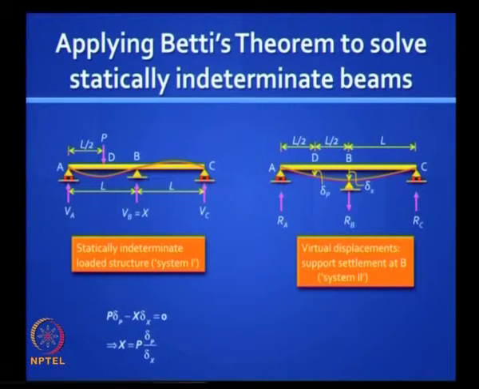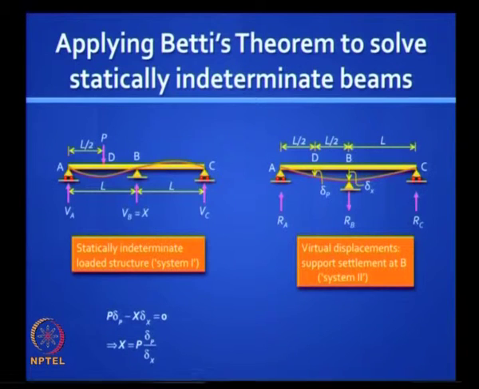So your left hand side of the equation is P into delta P. But you also have X doing work, right? This X does negative work because delta X is in the opposite direction. So we would say the total external work is P delta P minus X delta X.